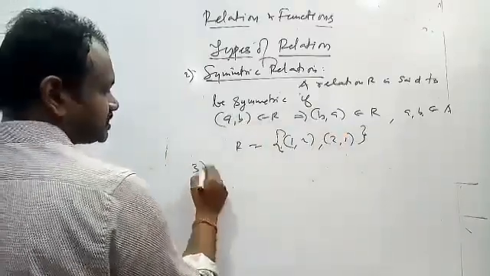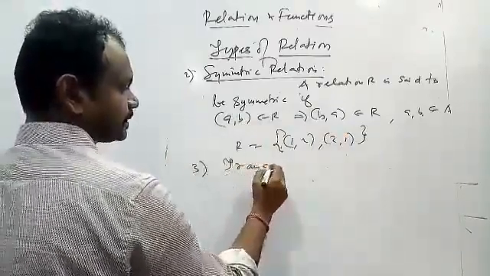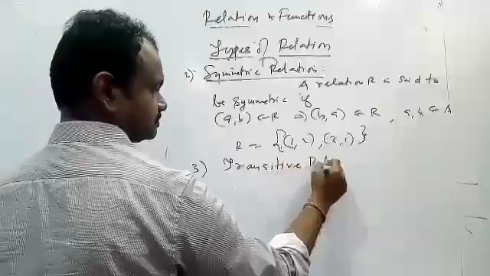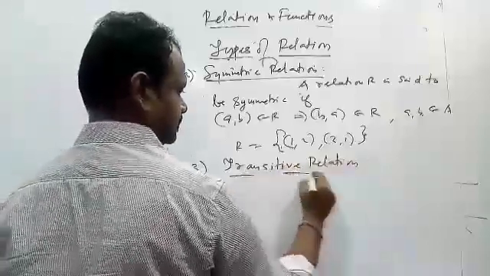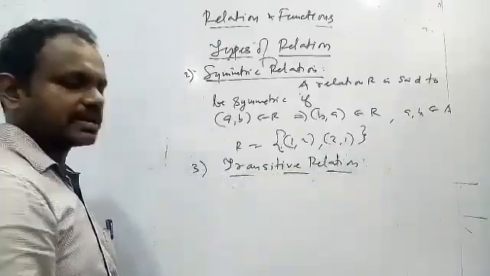Next, the third one is transitive relation. So what is a transitive relation?